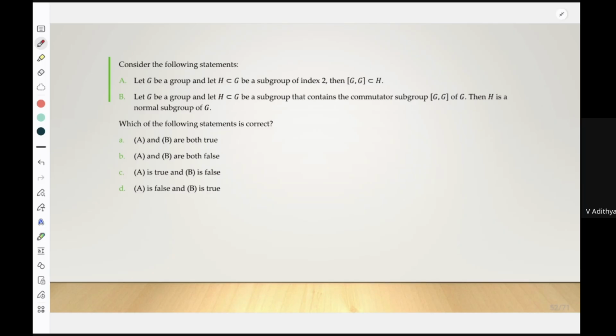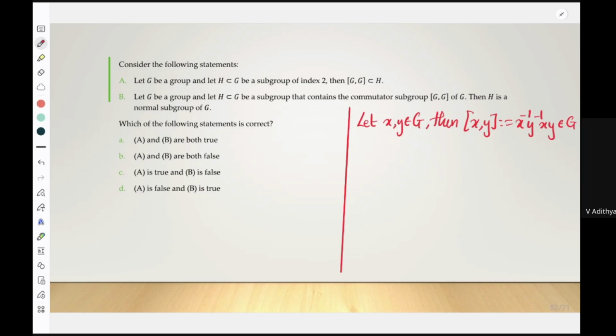Okay. So let x, y belong to G, then we denote [x, y], this is for the elements, not the group. This is basically the element x inverse y inverse x y.